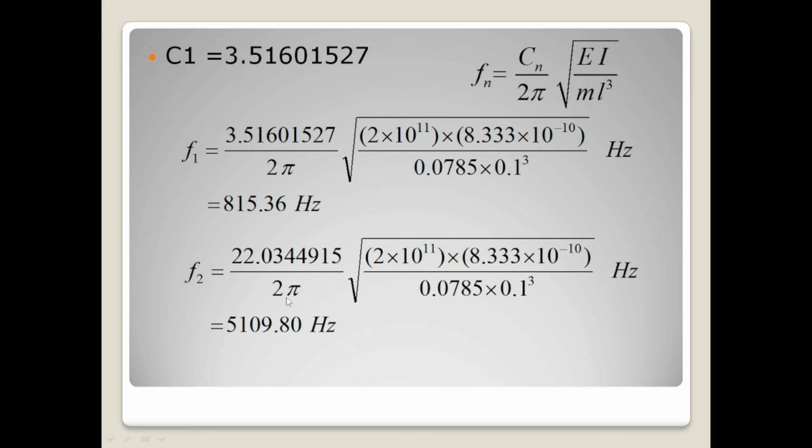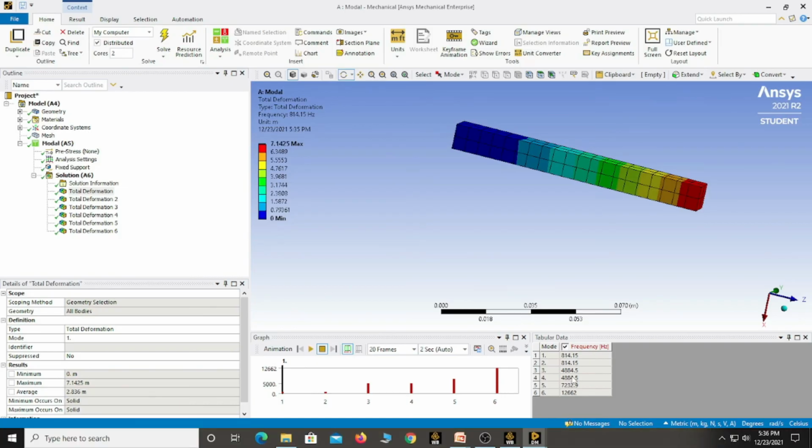By using the calculation you get 5109.80 Hz, while our ANSYS value is 4884.5, so approximately equal. If you want to minimize the error, you have to increase the mesh.